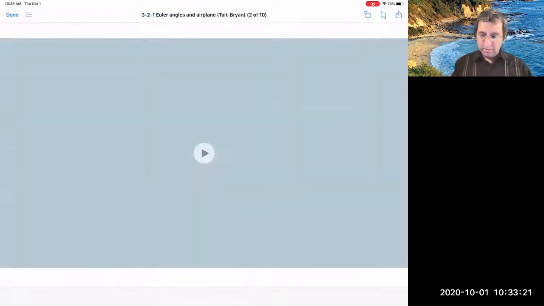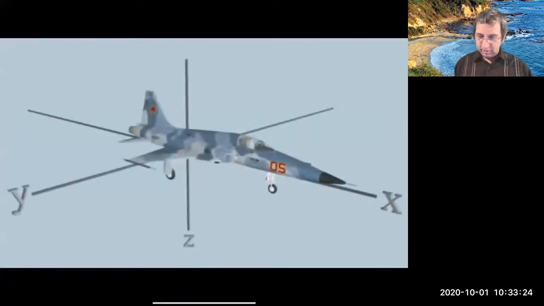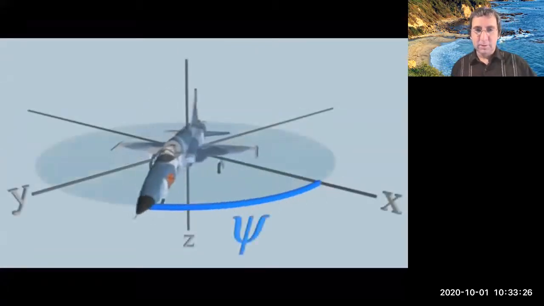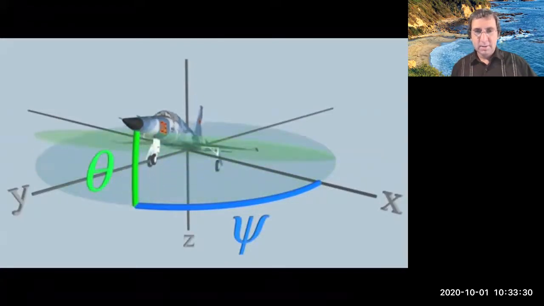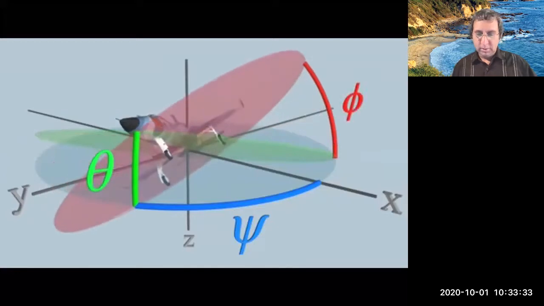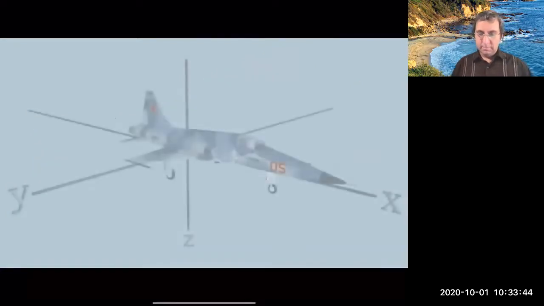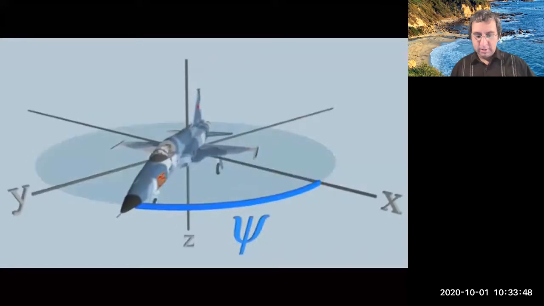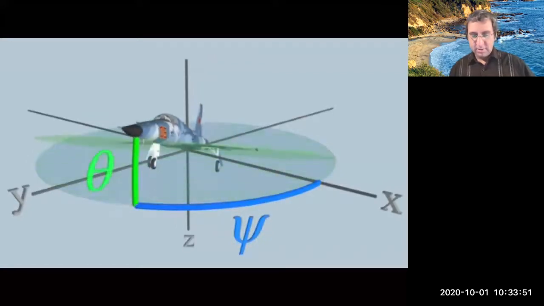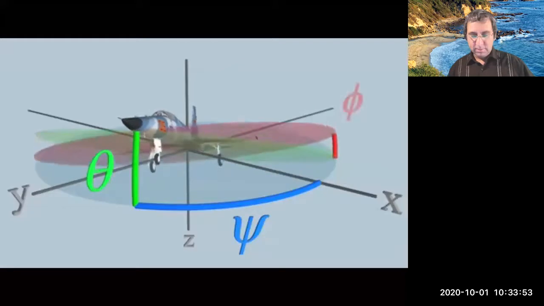Here's 3, 2, 1. So here's a jet. We first do yaw, pitch, and roll. So any arbitrary orientation of this airplane can be written as some combination of yaw, pitch, and roll. I like that one because the graphics are cool. Yaw, pitch, roll.